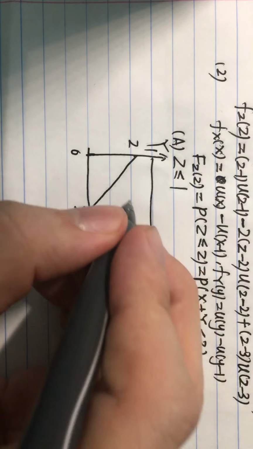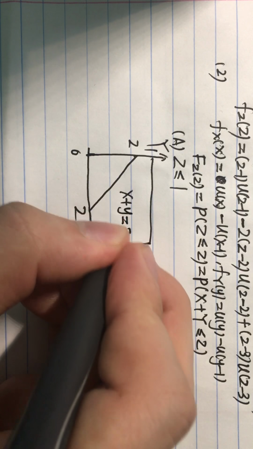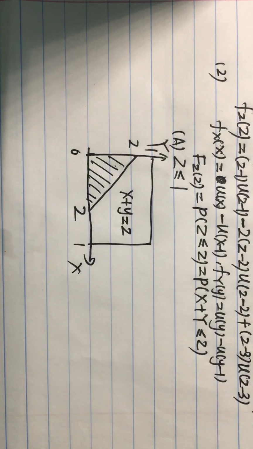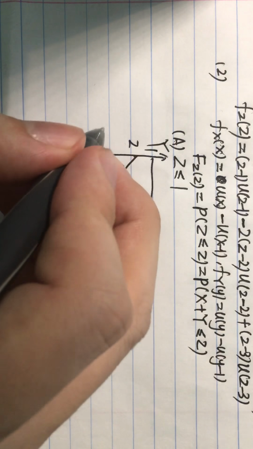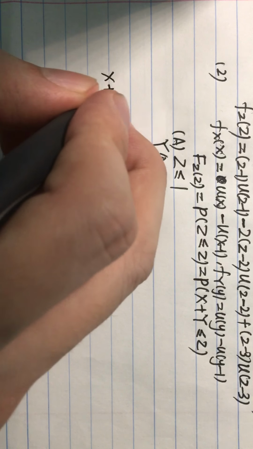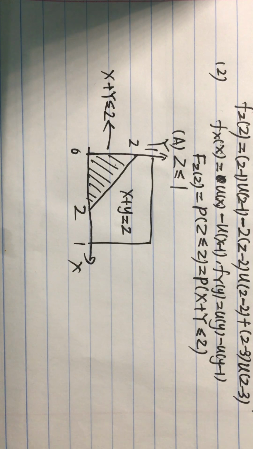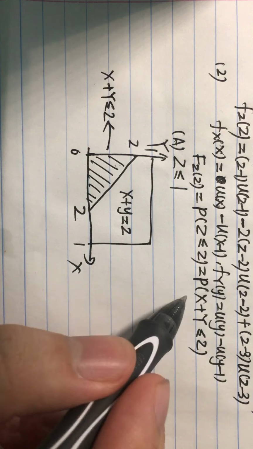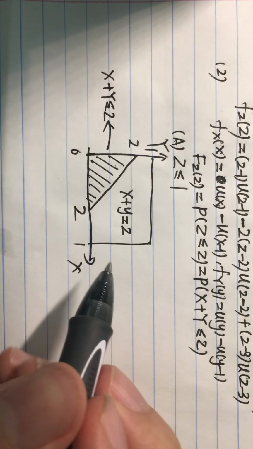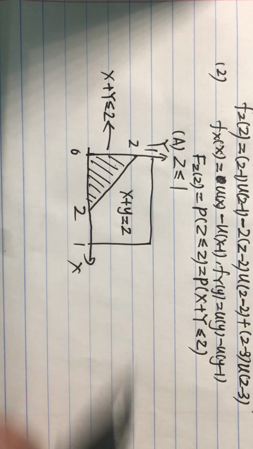This line is x plus y equals z. So this region represents x plus y smaller than z, which is what we need to find out. So now we need to find the area of this region.